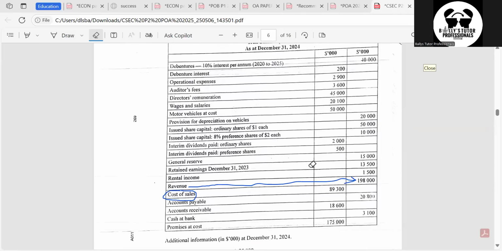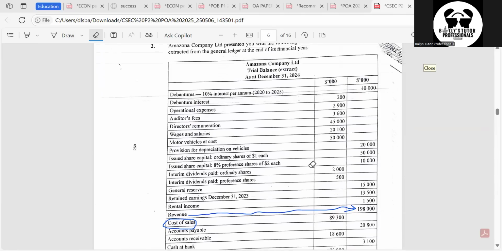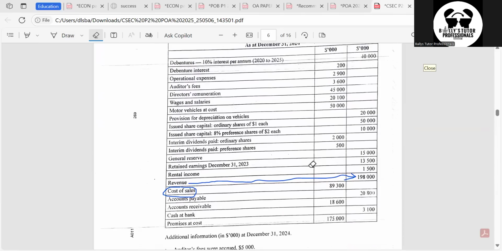Now we have to do the rest of the income statement, right? And that's to add any additional revenue and minus any expenses. Now revenue would be on the credit side of the trial balance, and it would have the words received, revenue, earned, or maybe income in the name. So debenture is a liability, provision for depreciation, that's not revenue.